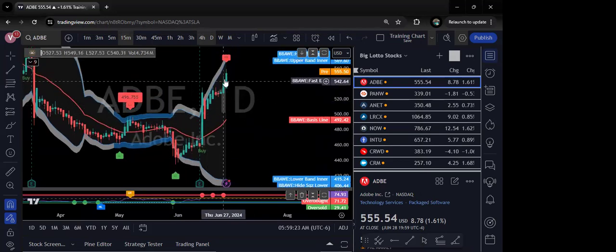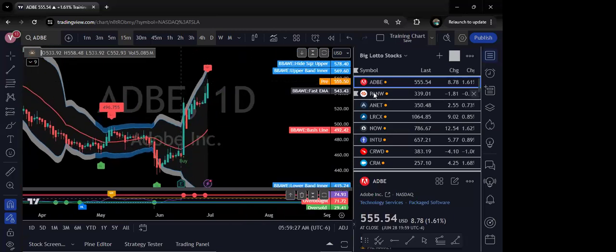So now the band is widening on the upper side. It can either go to 578, or it can come back down to 492. So whichever direction, whether it's up or down, it's a good play.